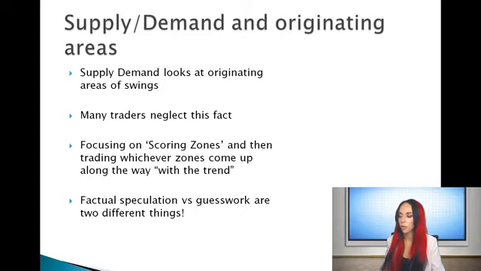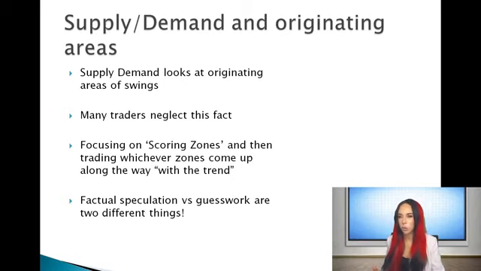I mentored quite a few people over the years. First, it was some of the junior traders at the prop trading companies that I worked for, and then later in Blatek, which is our own company. And we found that these traders start to heavily focus on scoring of the zones, and then they start to forget the location of the zones.